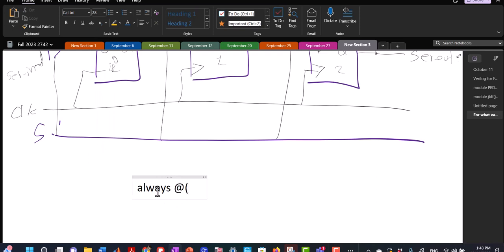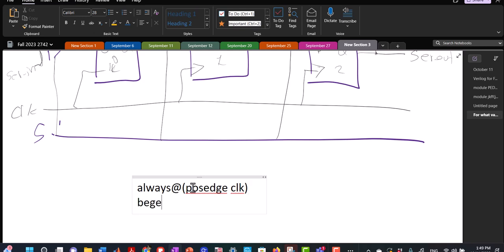I have my inputs and outputs. I'm not going to put all of that up there. What do I want in my sensitivity list? When do I want this to happen? Actually, I want it at positive edge of the clock. So always at positive edge of clock.